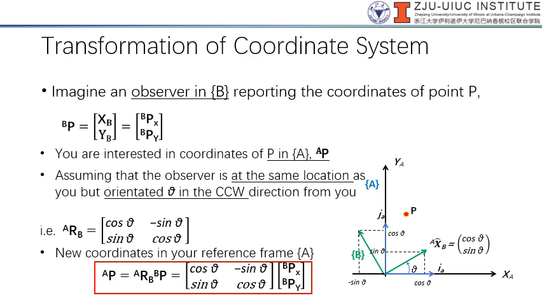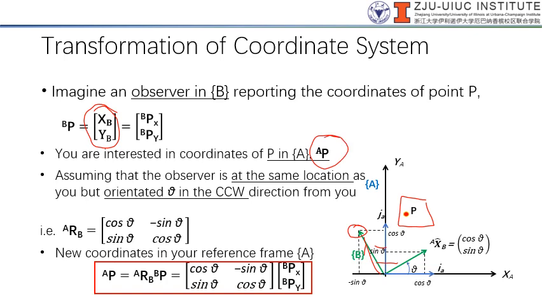And let's say we want to change the coordinate system. For example, we want to know the point P with respect to our coordinate system A, or the reference frame A, but we only have information from an observer that is attached to B. So say there's an observer at B. He's looking at the point P and telling us the coordinates of the point in B. But we are interested really in AP.